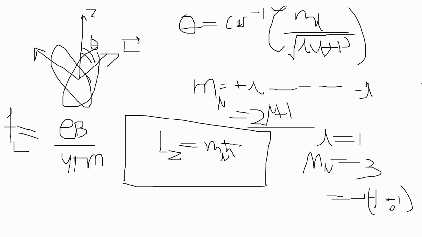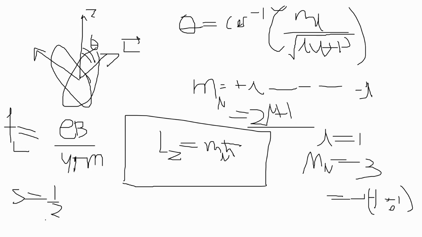Then we must have studied the Stern-Gerlach experiment, in which the electron spin was discovered, and the electron is a spin half particle, because from their experiment they found the electrons were split into two lines.